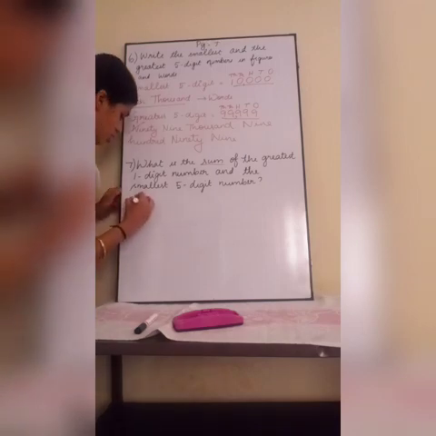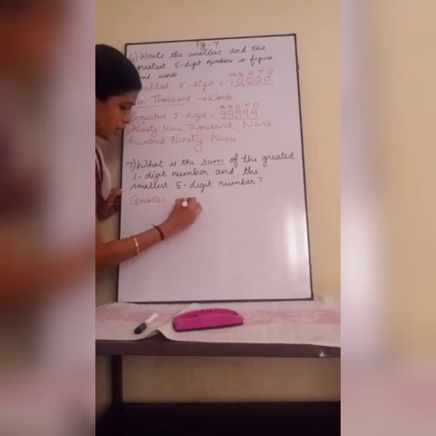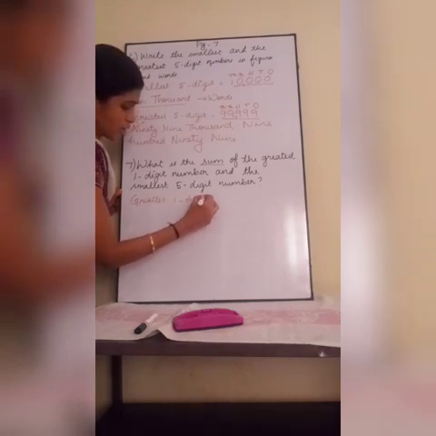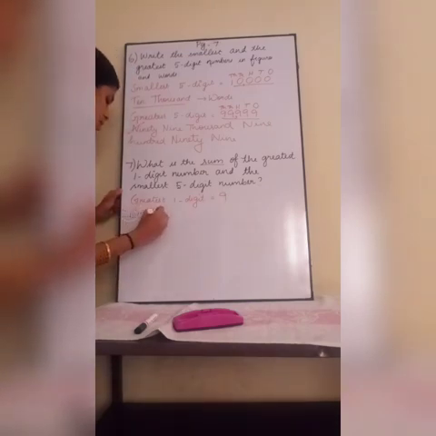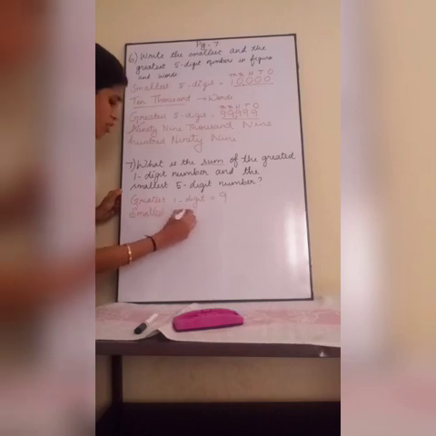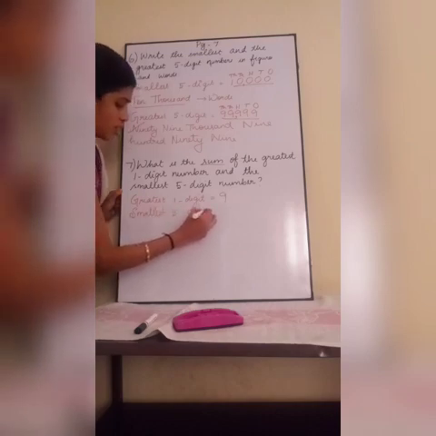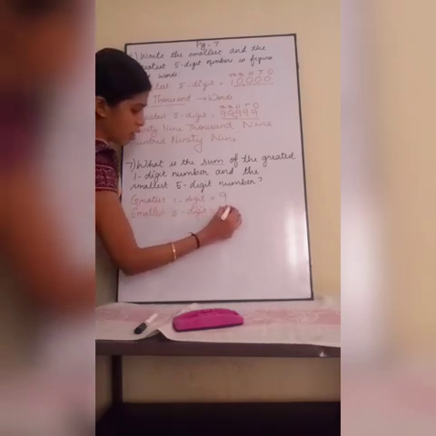What is your greatest 1-digit number? The greatest 1-digit number is 9. What is your smallest 5-digit number? It is 10,000.